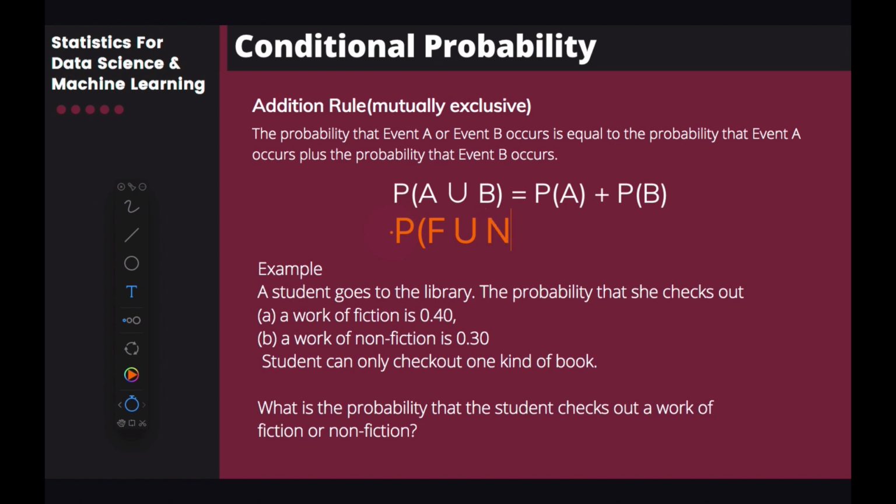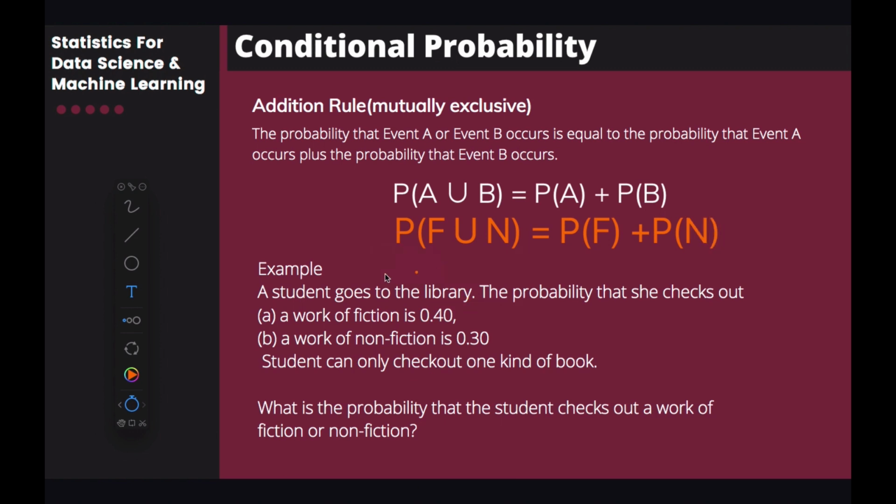So I'm going to use N over here. This is the probability of the person picking a fiction or non-fiction book. So that's going to be the probability of the person picking a fiction book, or, so the or here is going to be plus, the probability of the person picking a non-fiction book. That's how it's going to be.